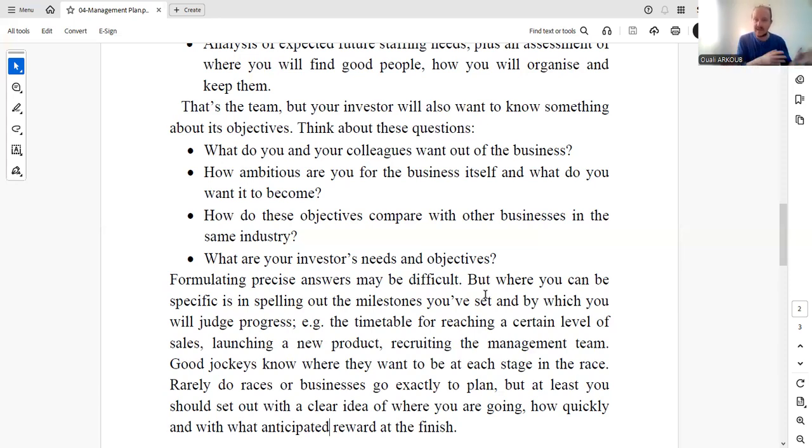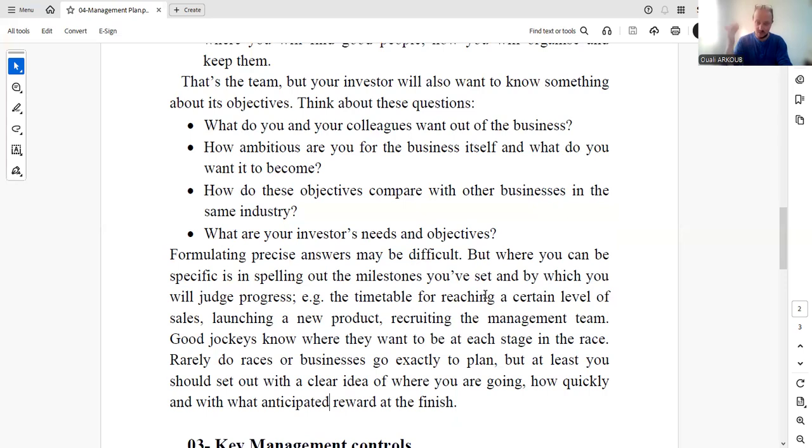Our project is also like a race, and we must plan each stage to succeed. Rarely do races or businesses go exactly to plan, but at least you should set out with a clear idea of where you are going, how quickly, and what anticipated reward awaits at the finish line.